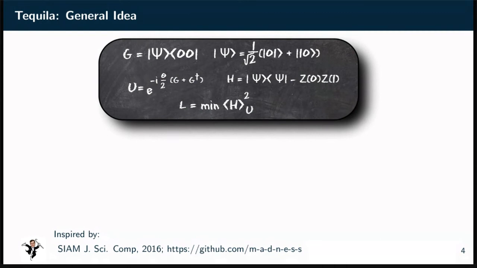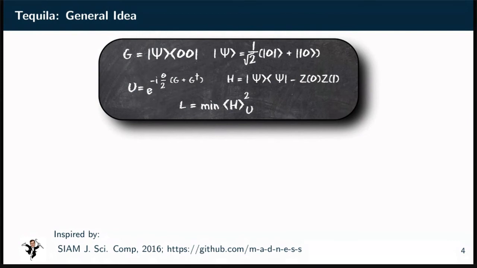What I show here on the blackboard is just scribbles, but it is actually a real quantum preparation. You're welcome to play around with it. It's something like a Bell state preparation.